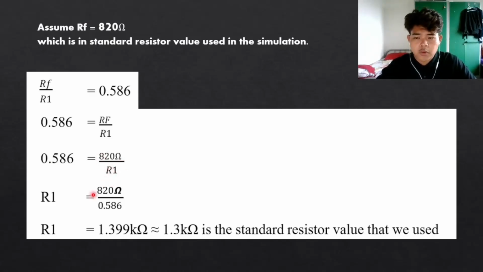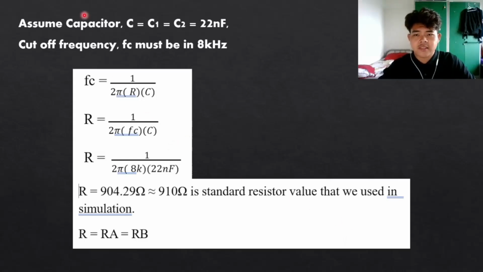Move R1 over to the left side and divide 820 by 0.586, and we get the value of R1, which is 1.399 kilo ohms, which is a standard resistor value that we use in the circuit. From here, what we can do next is find the rest of the values.